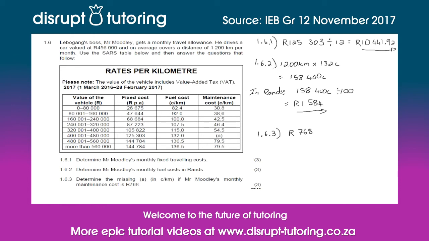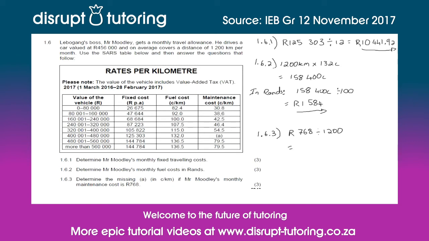So let's find out what rands per kilometer will be. And remember, he drives on average 1,200 kilometers per month. So we need to divide by that 1,200 kilometers per month.